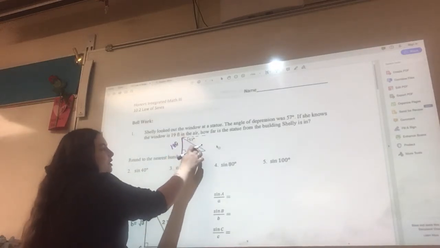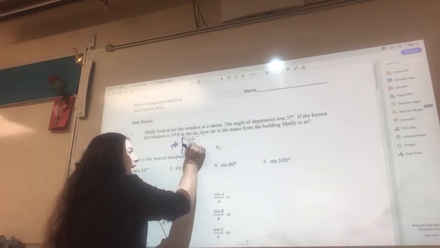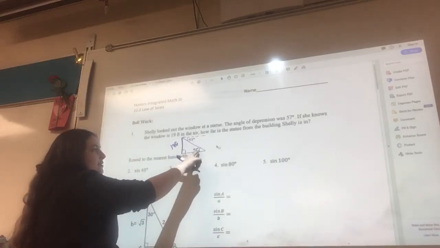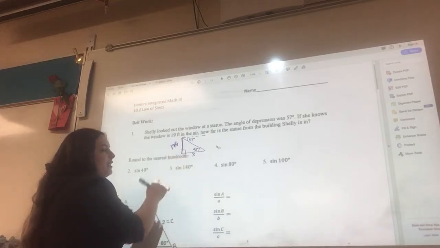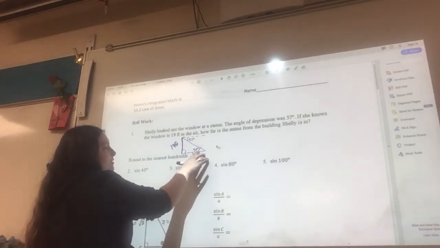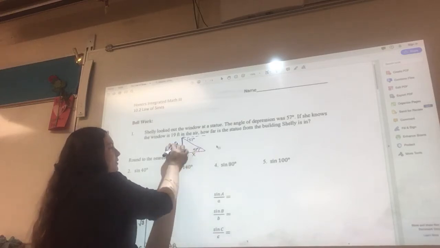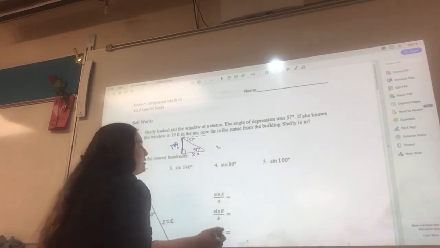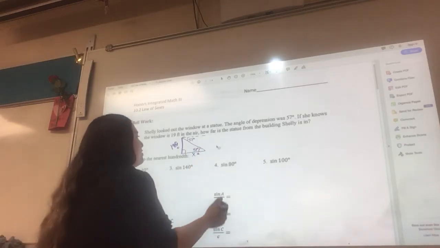So remember angle of depression. If we know angle of depression, we know angle of elevation because they have to be the same thing. So this helps us realize that since we know this angle and two other things, we can use sine, cosine, or tangent. Looking at what's been given to us from the angle of 57, we have 19 being opposite and x being adjacent. So that means we're using tangent.